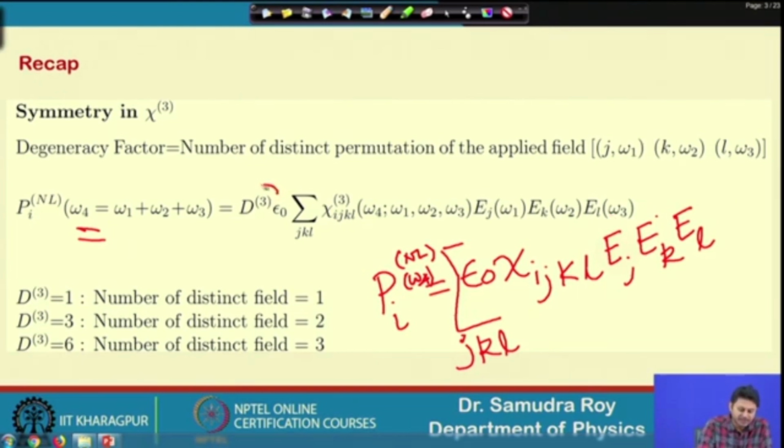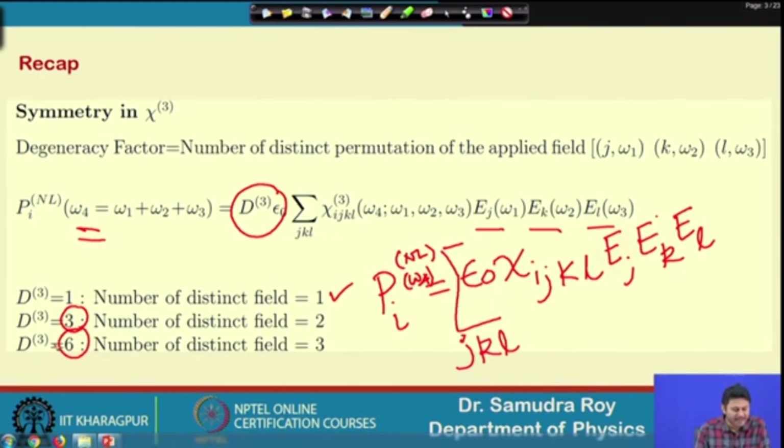So, one factor will appear here, and this degeneracy factor will come because these fields may be the same. If they are the same, then we will have one distinct field and we have d equal to 1. So, this is 1. If two of them are the same and one is different, then we have a value 3 here, and if none of them are the same, so 3 are totally distinct fields, then we will have a degeneracy factor 6 here.